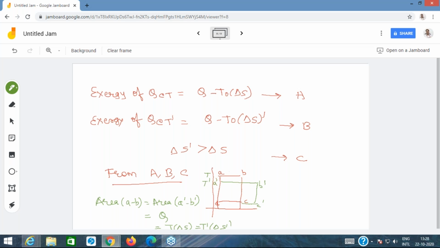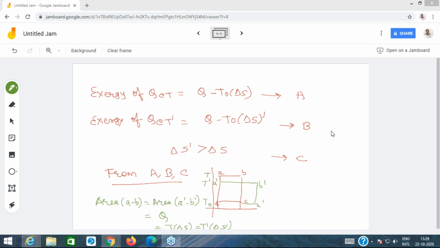Now what is the area under C dash D? C dash D, mind well. It is the unavailable energy of the heat which is at T dash and not at T. Mind well.